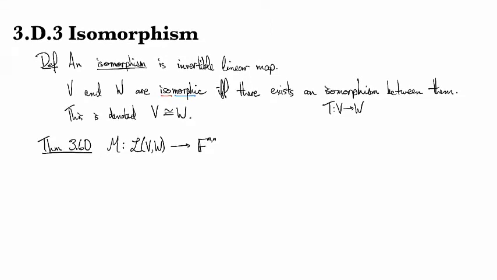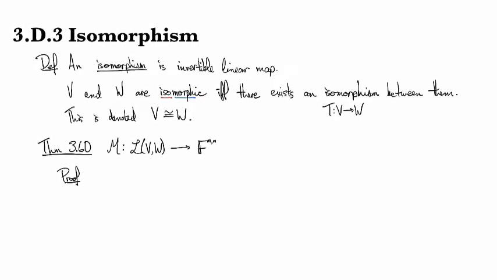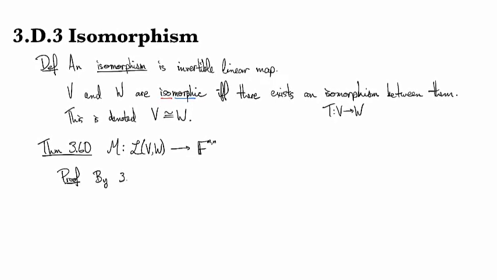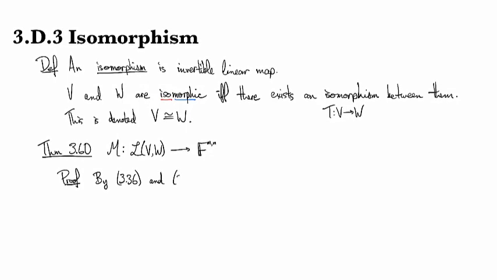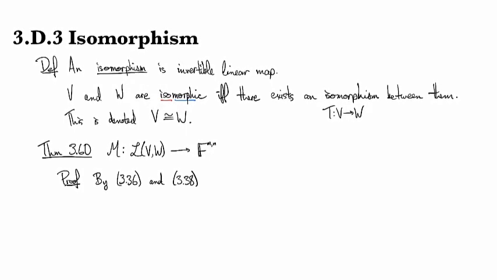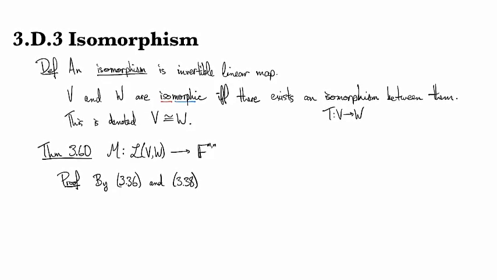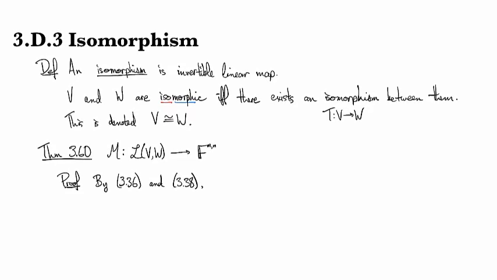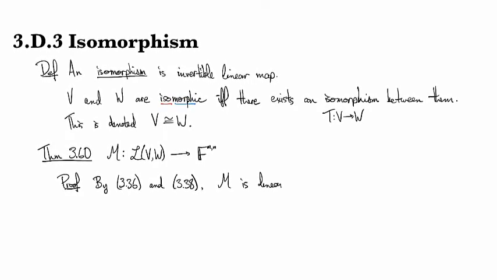Okay. The proof is not hard. By 336 and 338, so these are properties of M as a transformation, the additivity and scaling properties, M is linear.